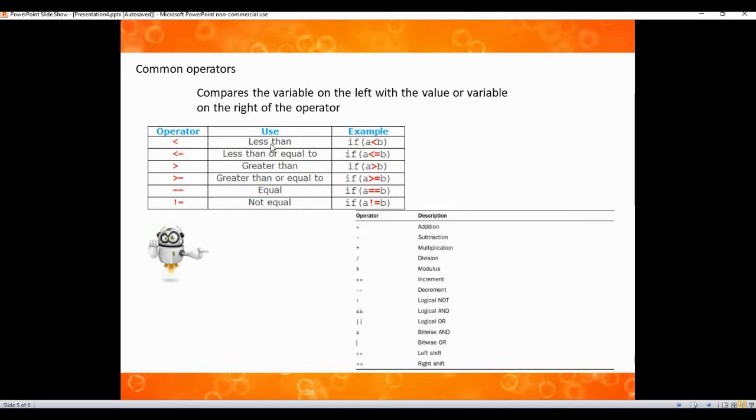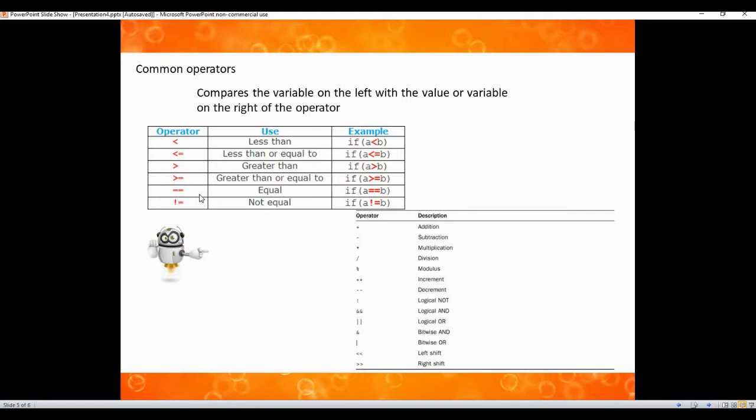The very common operators that we have: less than, which is indicated with an arrow to the left, less than or equal to, with the arrow to the left and an equal sign, greater than, which is an arrow to the right, and greater than or equal to, an arrow to the right with the equal sign.